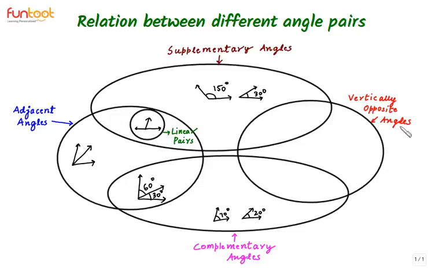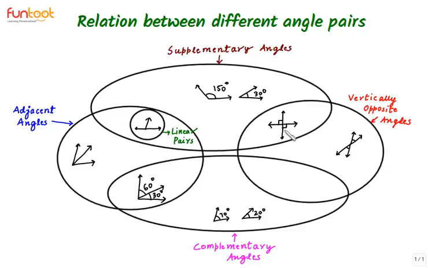Now move over to vertically opposite angles. We know that vertically opposite angles are non-adjacent angles. So here we have two vertically opposite angles which are non-adjacent. Can vertically opposite angles be supplementary? Of course, yes. If we have two lines intersecting each other at right angles, then this angle and this angle both will be 90 degrees.